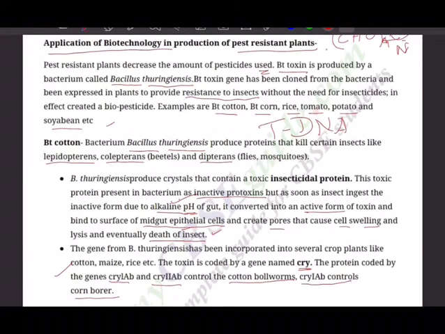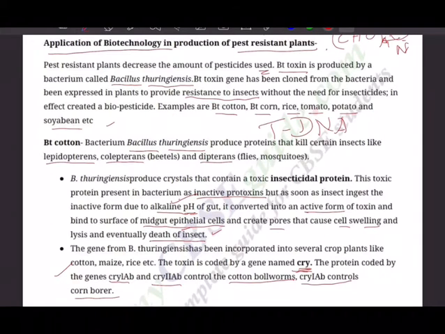The choice of genes depends upon the crop and targeted pest, as most Bt toxins are insect group specific. The toxin is coded by a gene named cry gene. There are numerous cry genes. Two cry genes, cry1Ac and cry2Ab, have been incorporated in cotton.